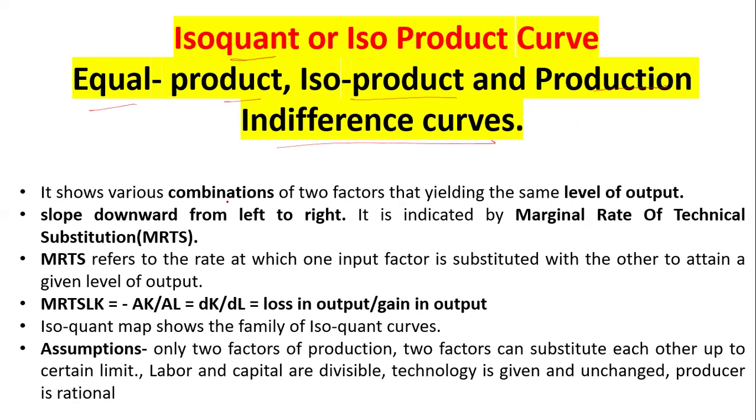It shows the various combinations of what? Two factors. Two factors yield the same level of output. The curve slopes downward from left to right, and it is indicated by the marginal rate of technical substitution, that is MRTS.